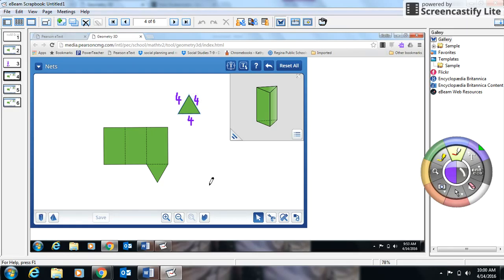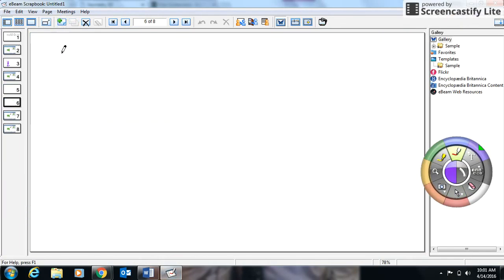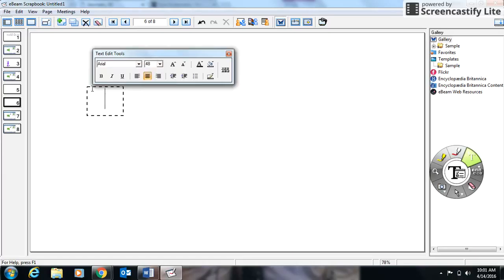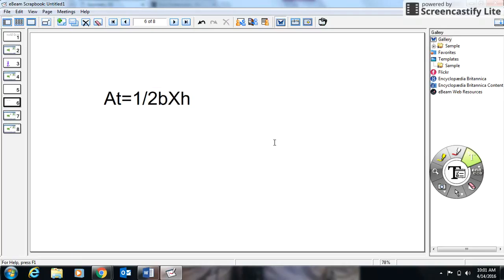Now, do you remember the formula for a triangle? Who can remember that? The formula for a triangle, I'll write it down right here, is area. The area of a triangle is equal to half the base times its height. All right, that's the formula. If you remember that, we've learned that before in previous grades.